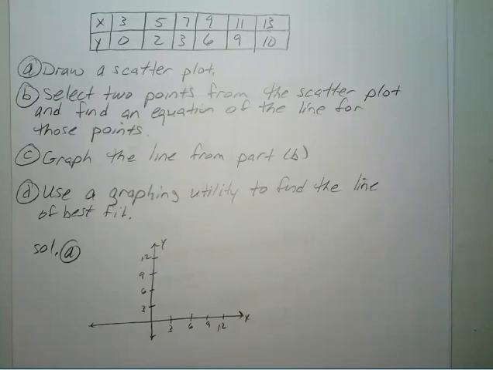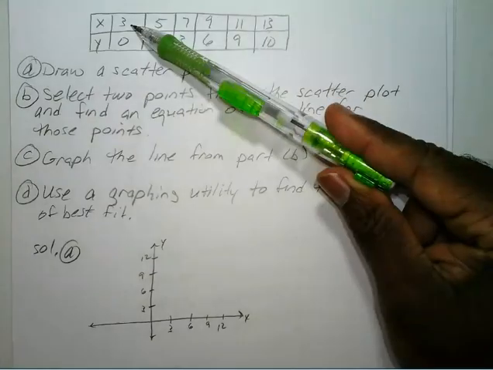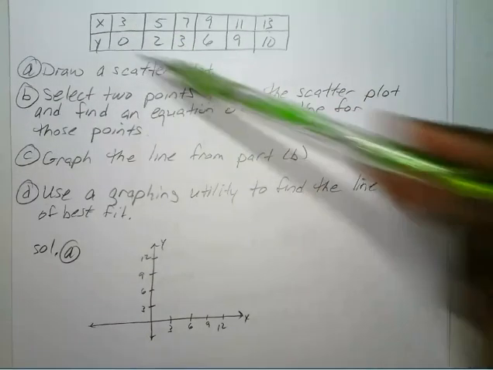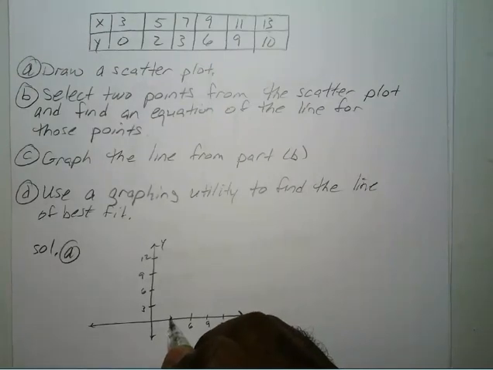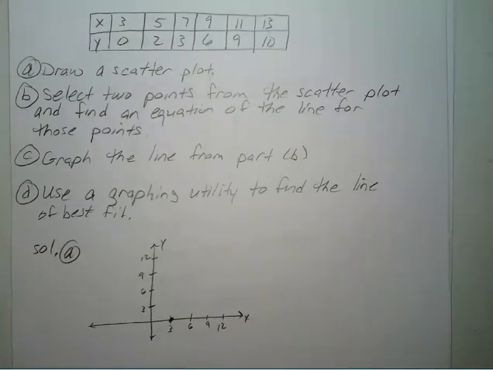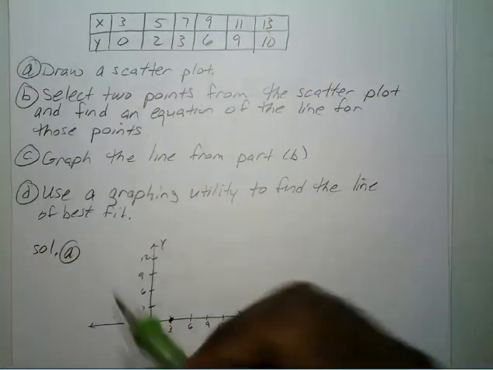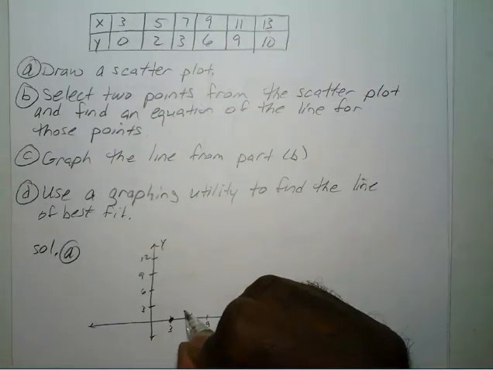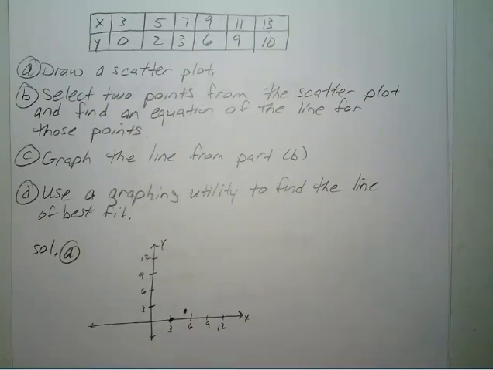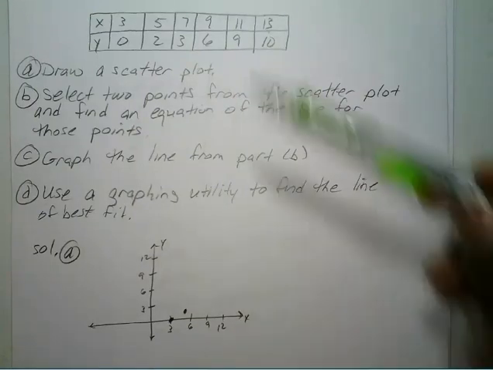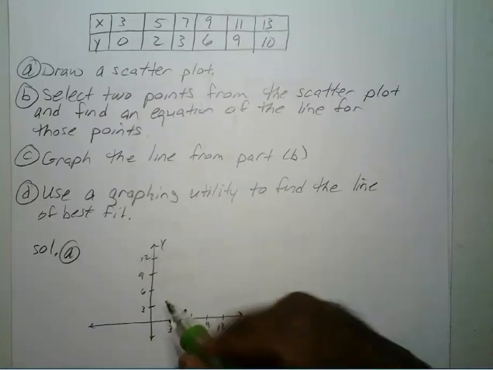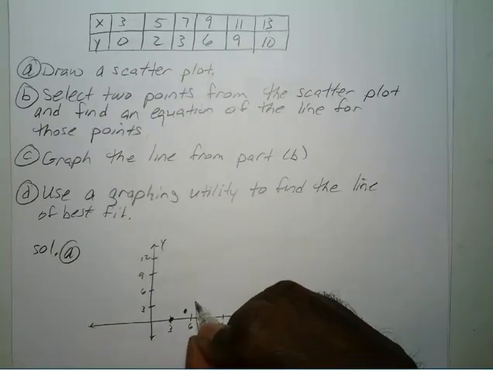We know that the first point is 3, 0. X is 3, Y is 0, so we go there. Our next point is when X is 5, Y is 2. So 5 is about here and 2 is about there. When X is 7, Y is 3. 7 is about here and 3 is here.